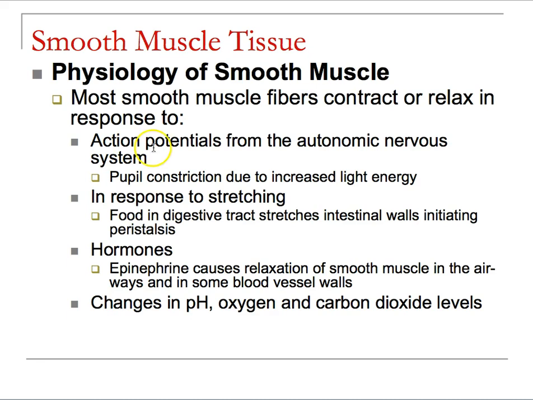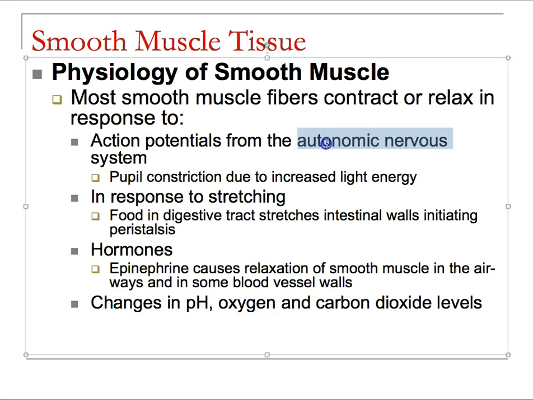The action potential, of course, is coming from the autonomic nervous system. And remember, these are antagonistic. So you have both sympathetic and parasympathetic sending contradictory signals.